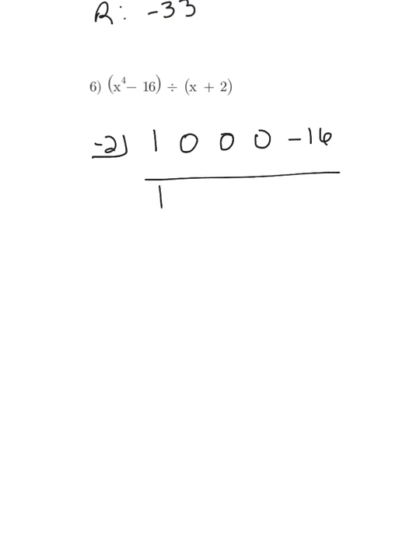Bring down the 1. 1 times negative 2 is negative 2. 0 plus negative 2 is negative 2. Negative 2 times negative 2 gives me positive 4. 0 plus 4 gives me 4. 4 times negative 2 gives me negative 8. 0 plus negative 8 is negative 8.